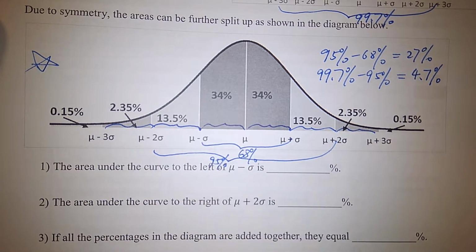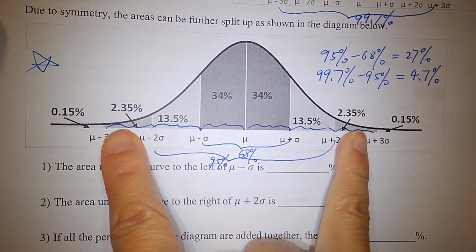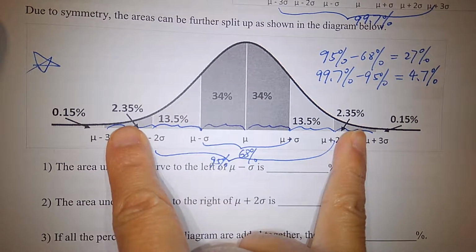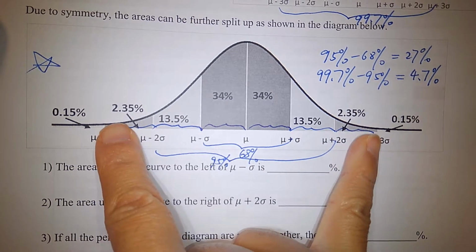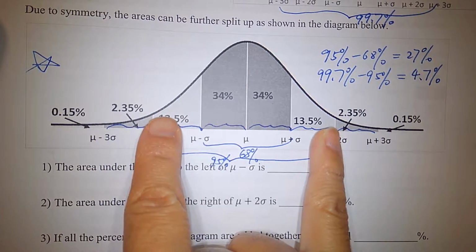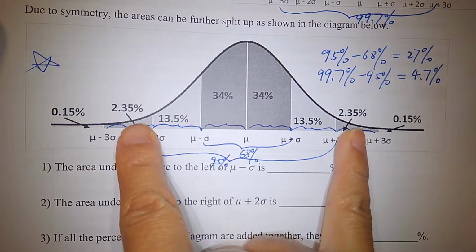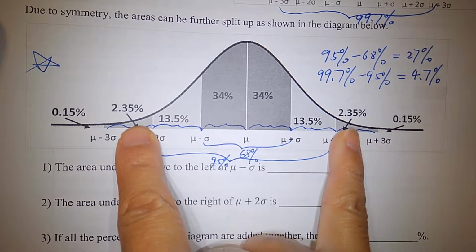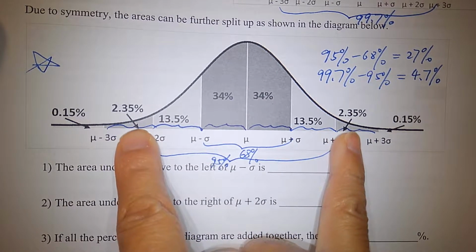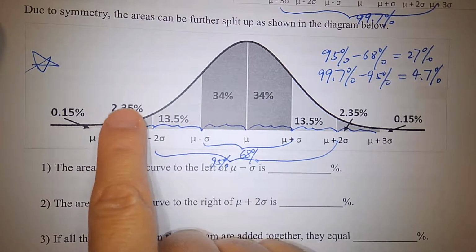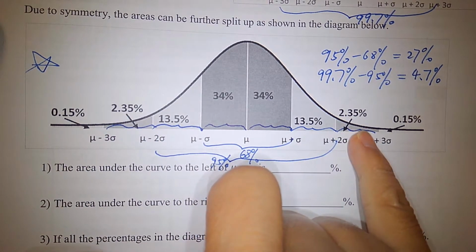Why? Because that's the difference between 3 standard deviations and 2 standard deviations, right? So these two parts together are 4.7%. So cut 4.7% in half. We'll get 2.35, 2.35, right?